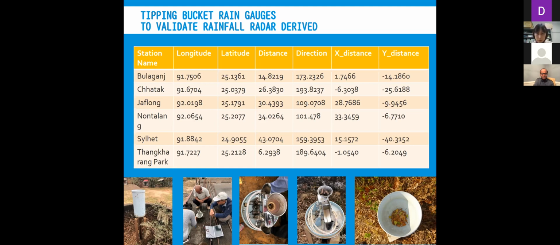The above 6 gauges are located along the ray, which are free from ground clutter. 2 of the stations are in India and 4 stations are in Bangladesh.